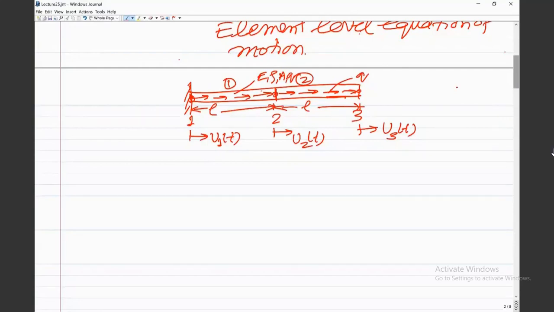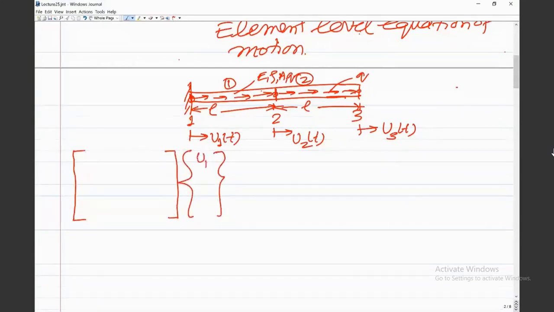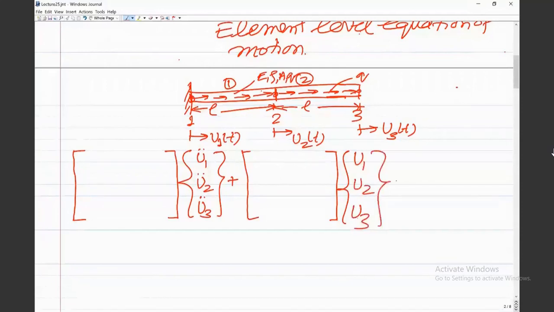Let me first put the block: the mass matrix times the acceleration vector u1 double dot, u2 double dot, u3 double dot, plus the stiffness matrix times u1, u2, u3, is equal to the two load vectors on the right hand side. So this is the structure.